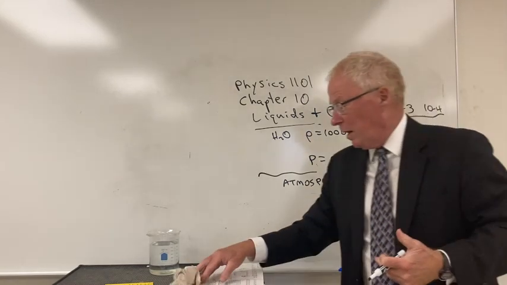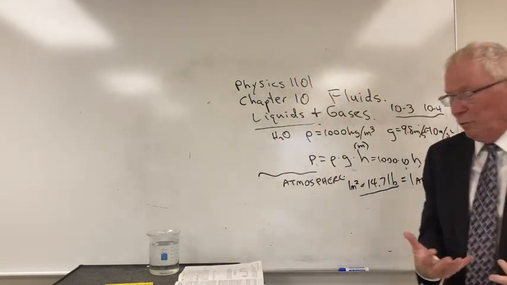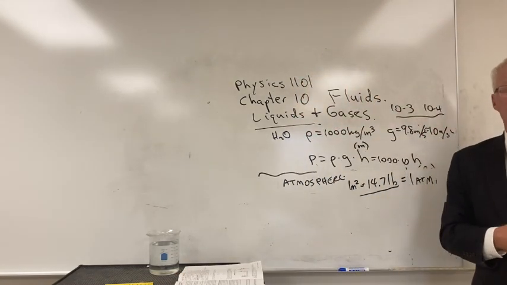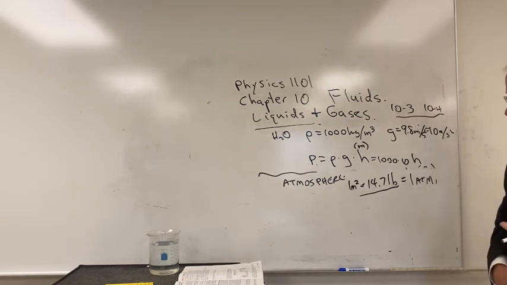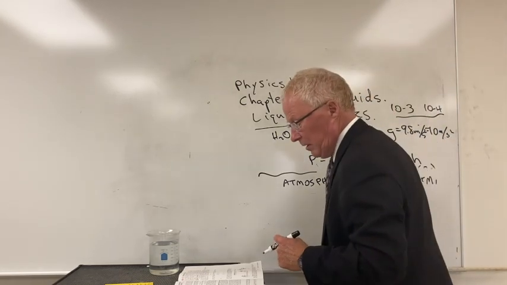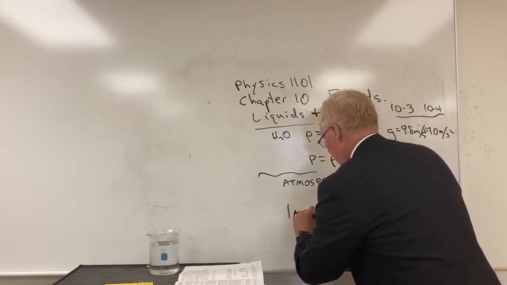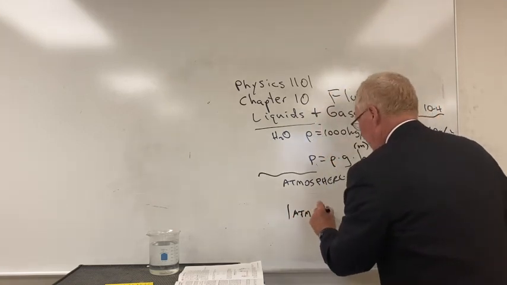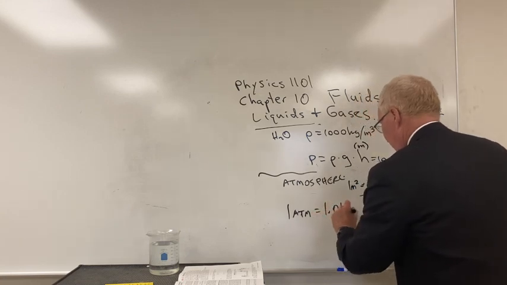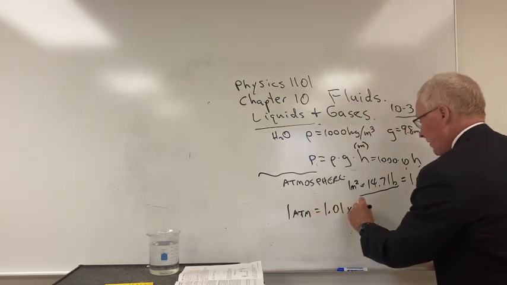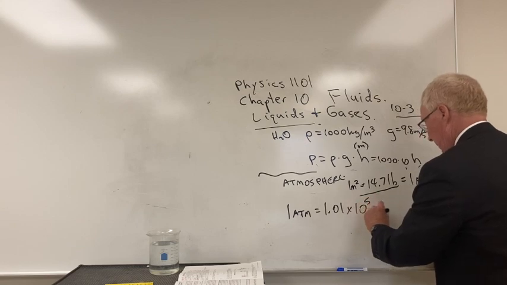However, for most of the problems, and it's much easier, we will do it in SI units. And it turns out that 1 atmosphere, ATM, is equal to 1.01 times 10 to the 5th pascals.